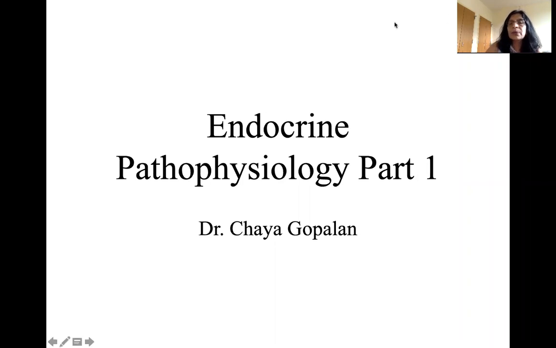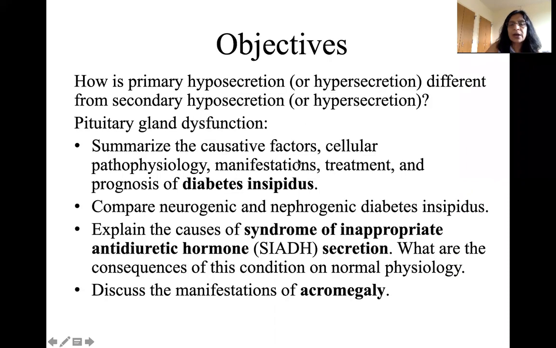Okay, so here we will focus on the basic definitions, like what is hyposecretion, what is hypersecretion, what is primary hyposecretion, what is secondary hyposecretion. And then once we understand the vocabulary, we will talk about hormones that are released by the hypothalamus and pituitary.